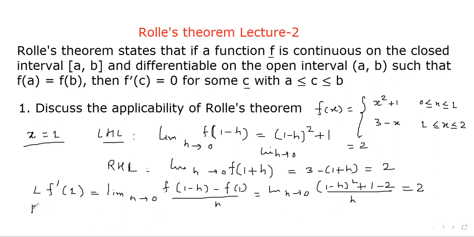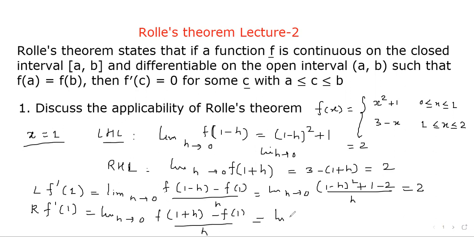Now, the right hand derivative, Rf'(1), we evaluate. So limit h tends to 0, f(1 plus h) minus f(1) divided by h. So this will become limit h tends to 0, 3 minus (1 plus h) minus f(1), where f(1) will become 2, whole divided by h.